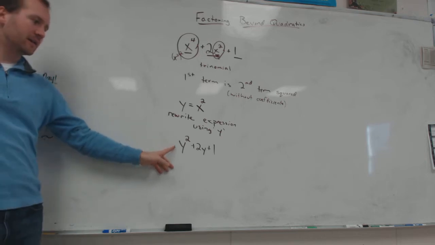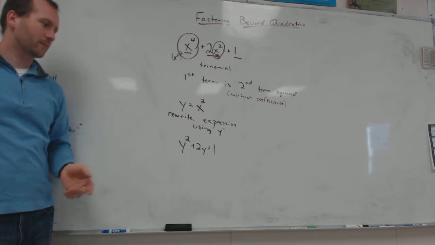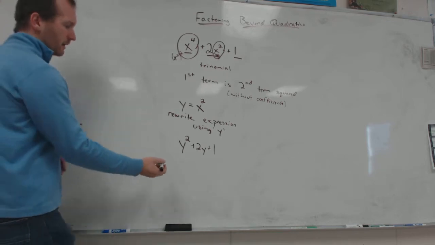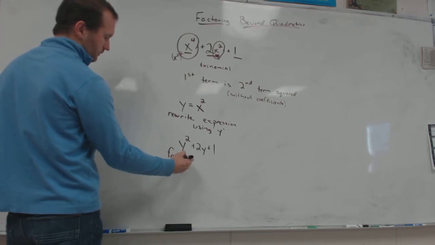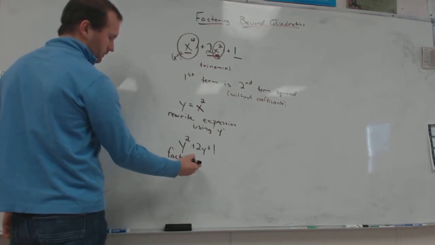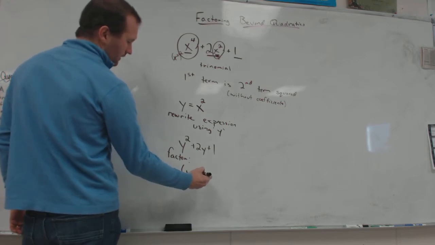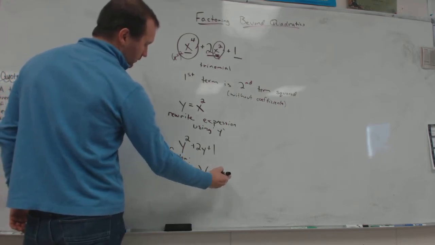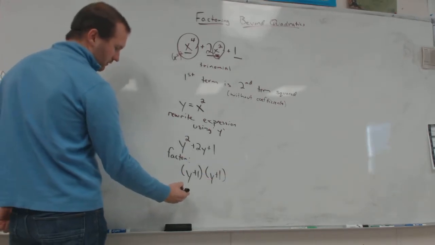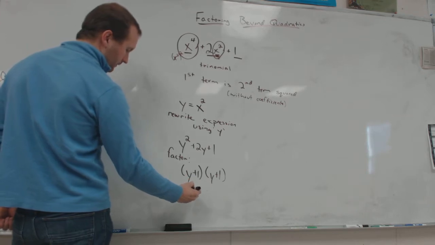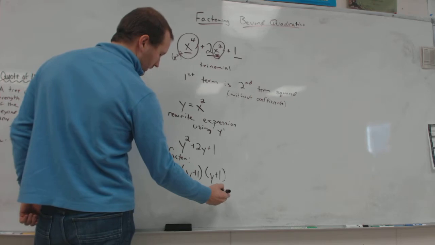Now, this looks like something that you know how to factor. So now we can factor this. We would have y plus 1 and y plus 1. And then the last step is just rewrite again, getting rid of y.